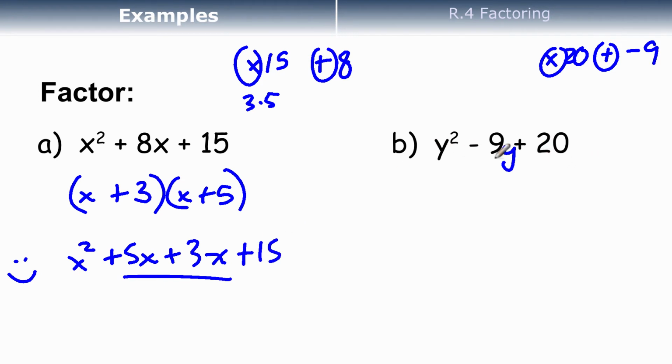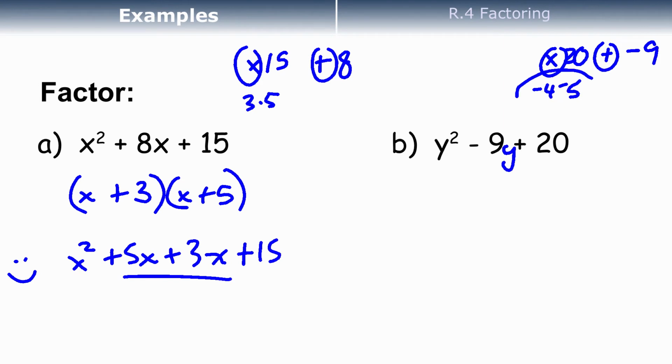Okay, this one here. Two numbers that multiply to 20. I've got a 9 there. It's got to be 4 and 5, right? 4 times 5 is 20, but 4 plus 5 is a positive 9, not a negative 9. And I have to watch the signs there. But maybe if I put both of these as negative. Negative 4 times negative 5 is still a positive 20, but negative 4 plus a negative 5 is a negative 9.